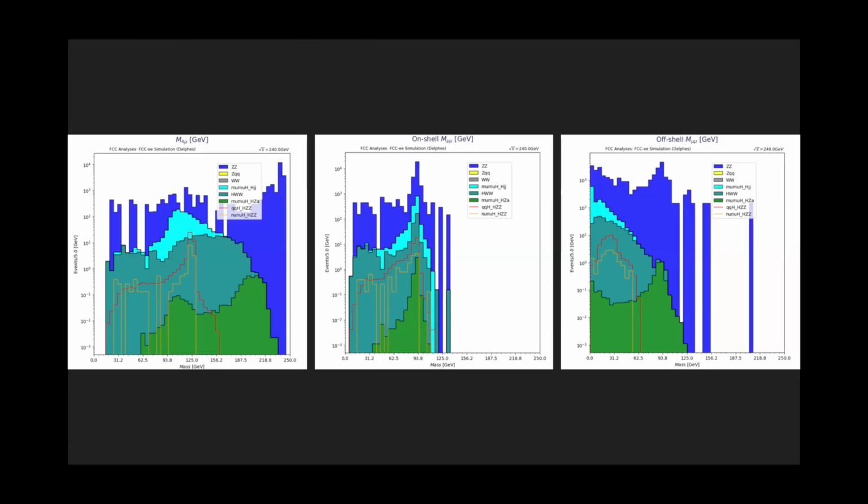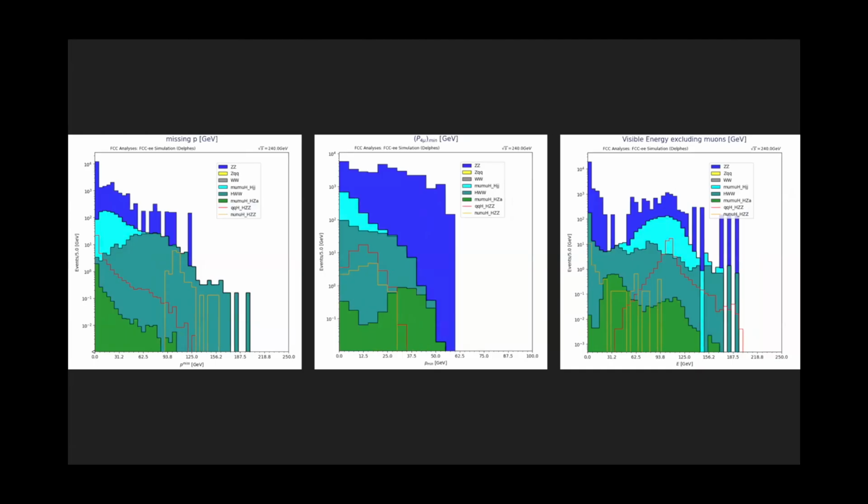And for the fermions mass, we can see the peak at the Higgs boson mass. And here we can see the missing momentum, the minimum momentum among the four leptons, the fermions, and visible energy excluding the muons. So again, just distributions of this process.